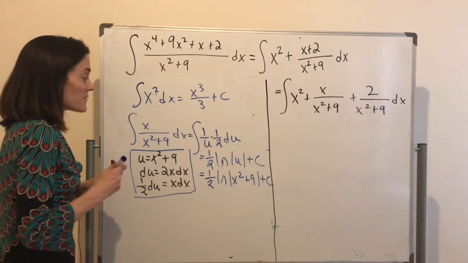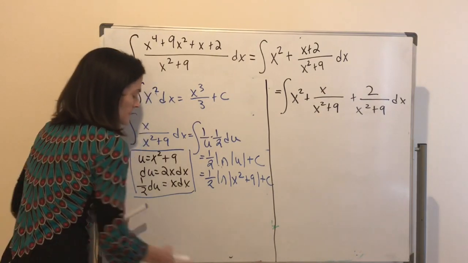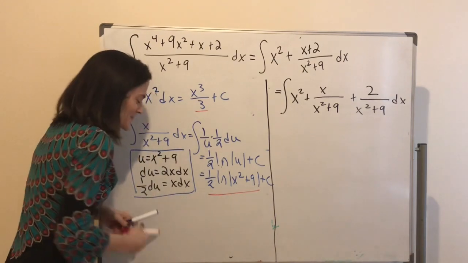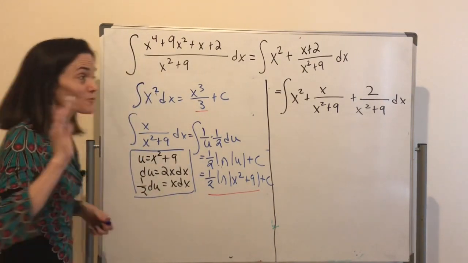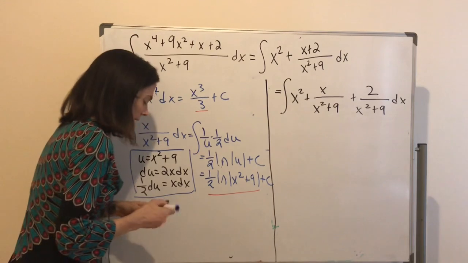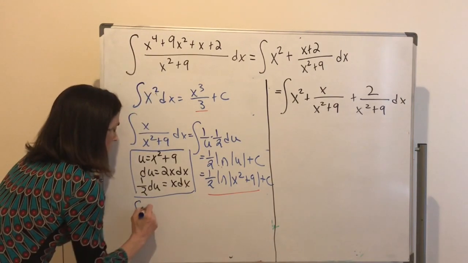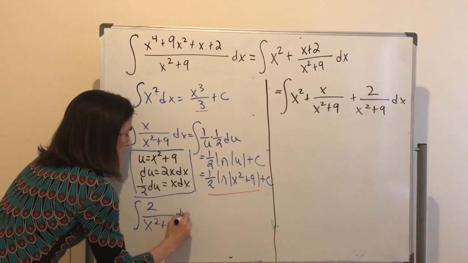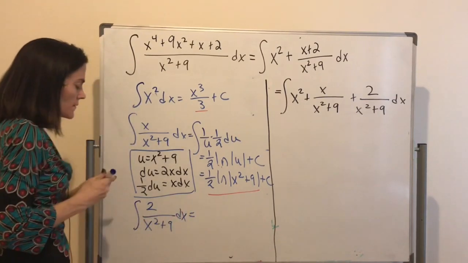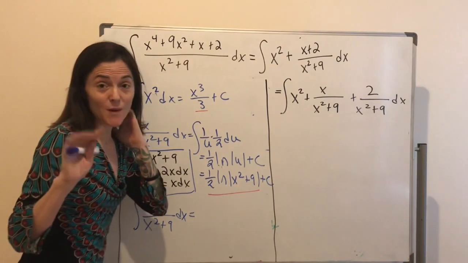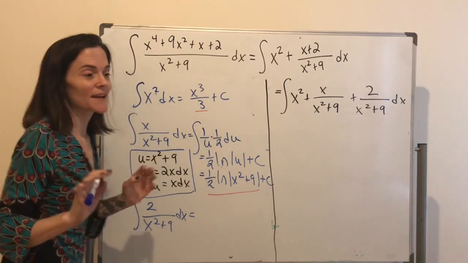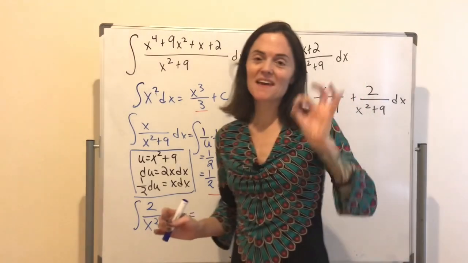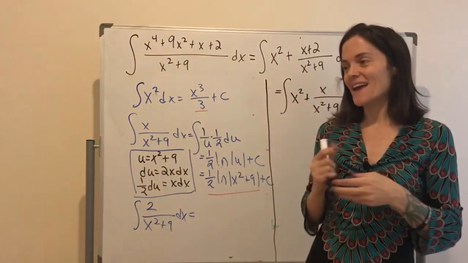So now we have term number 1 here, term number 2, and the last one. This is one reason that I went over that in our substitution video. Remember, this was the tan inverse. Okay? If you have an x squared plus a squared in the denominator and you integrate, you have 1 over a tan inverse x over a, like this.